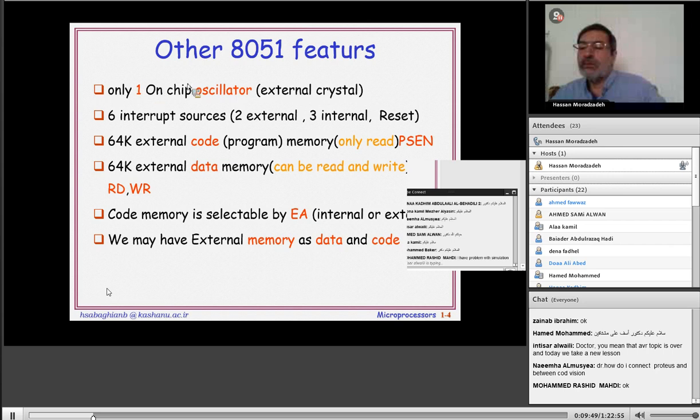Code memory is selected by EA, external access. We may have external memory as data and code.